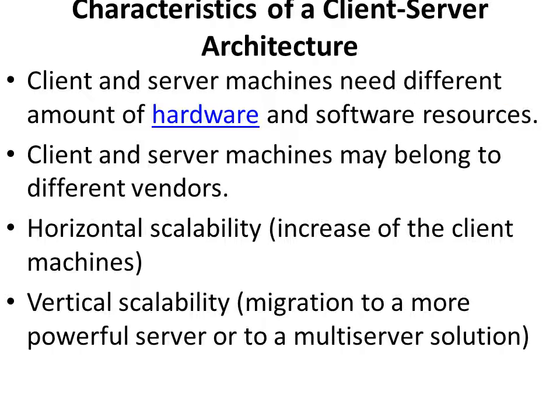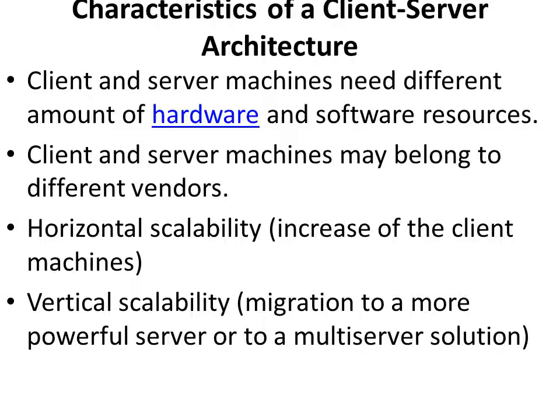Characteristics of a client server architecture. Clients and server machines need different amounts of hardware and software resources. So the client and server machines need different hardware and software resources. Client and server machines may belong to different vendors.